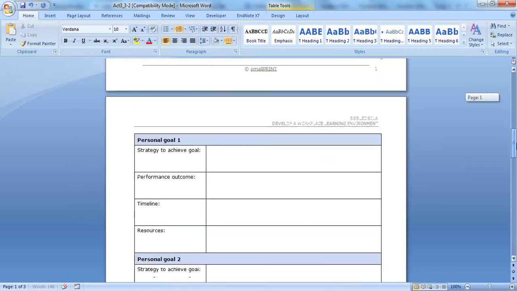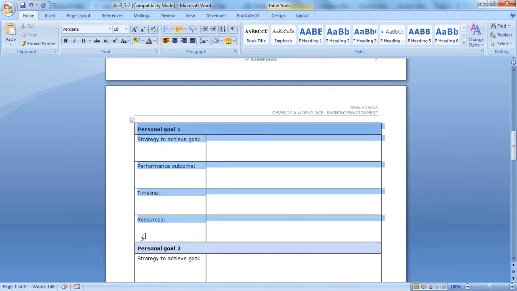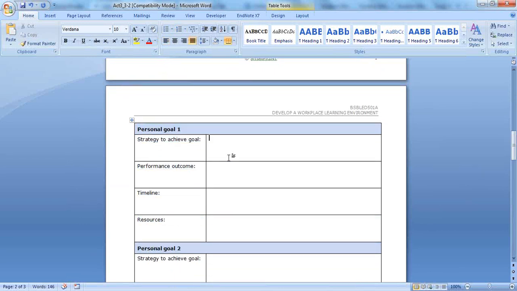Now when we look at the actual performance goal here, this is the goal that we're talking about. We know what our outcomes are, and the strategy is the important part here. So what we really want to see is what you're actually putting in place to help that particular person to achieve their goals.